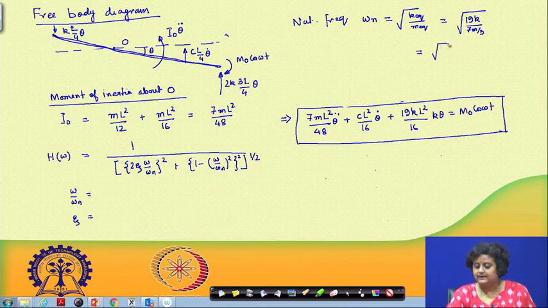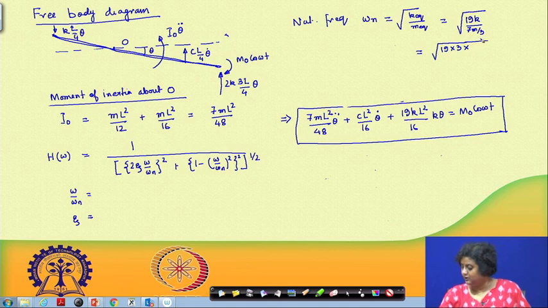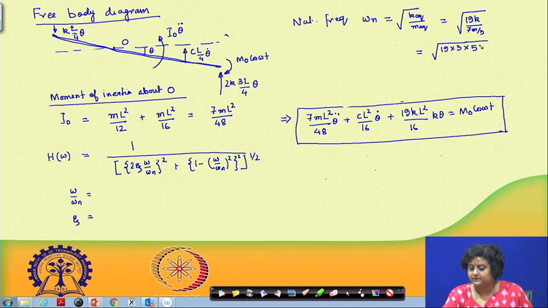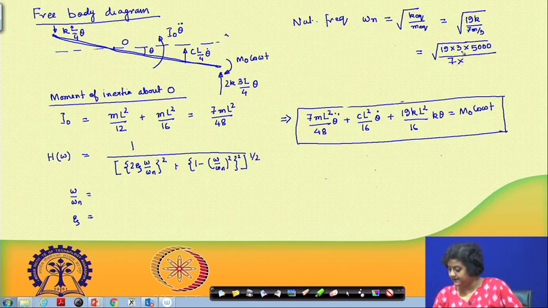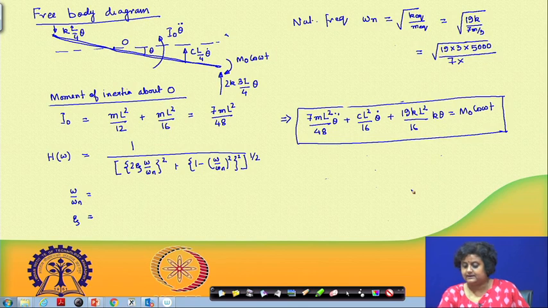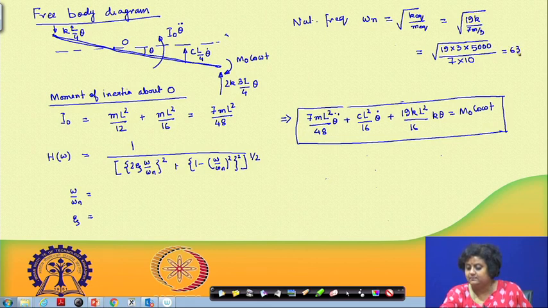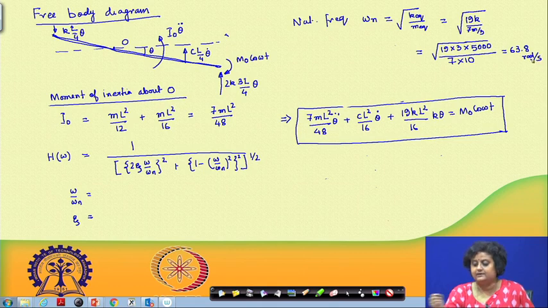So, this can be written as the square root of 19 into 3 into the value of k, which was taken as 5000 Newton per meter, by 7 into the value of m, which was taken as 10 kg. If you evaluate this, you will get 63.8 radian per second. Okay.